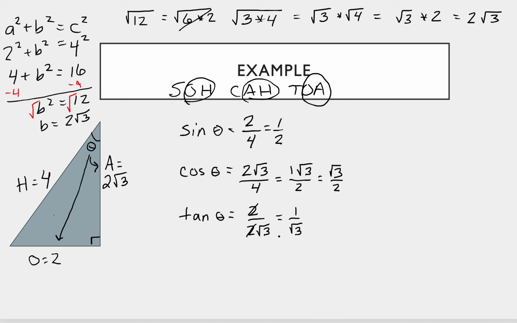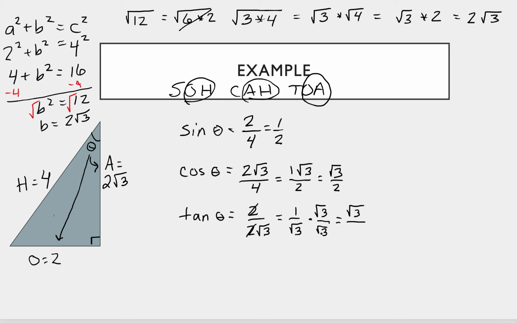All right, now we need to get rid of the square root in the bottom of the fraction. So if you remember that the way that you do that is you rationalize the denominator, which means that you take that square root of 3 and you multiply top and bottom by that square root of 3. So 1 times the square root of 3 stays the square root of 3.